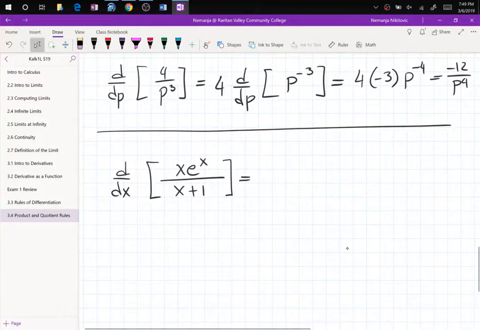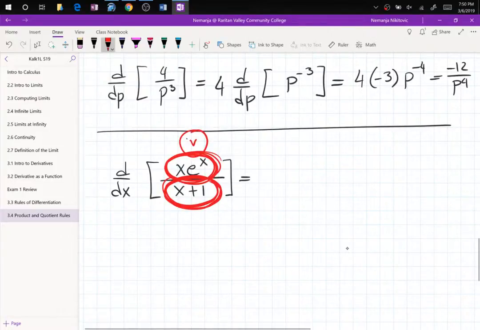Product rule and quotient rule. Excellent. I hope that you all see multiplication of two functions in the numerator. That's the product rule. At the same time, that is divided by x plus 1, which makes it a quotient rule, right?